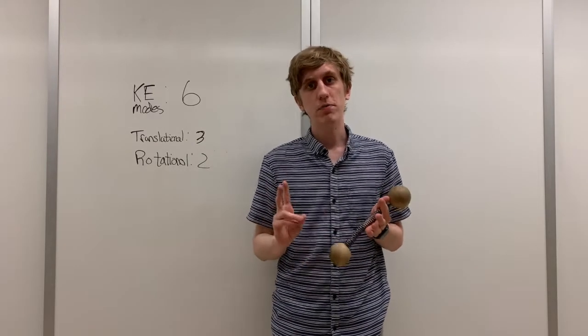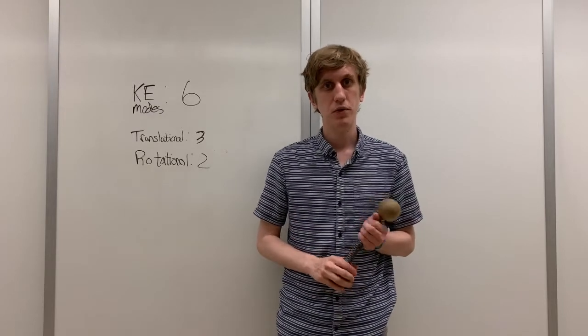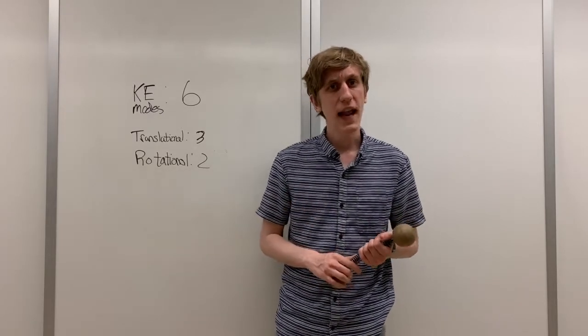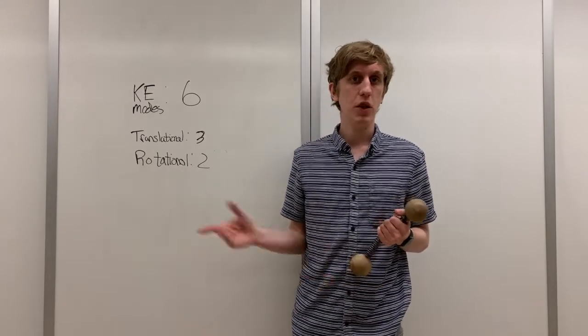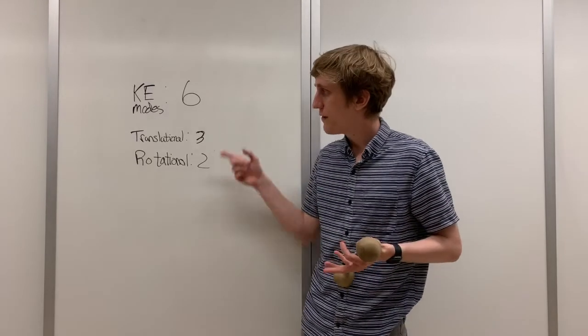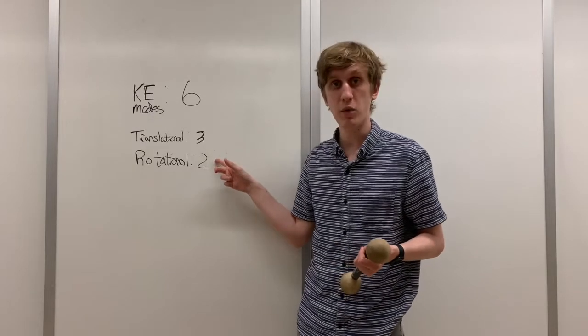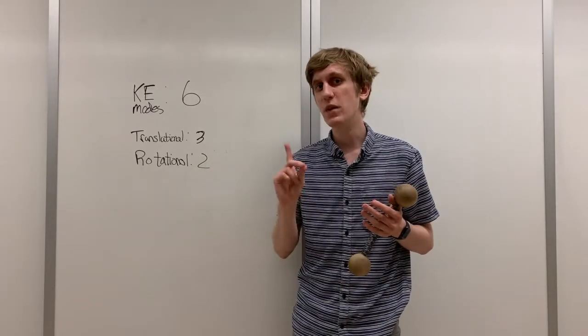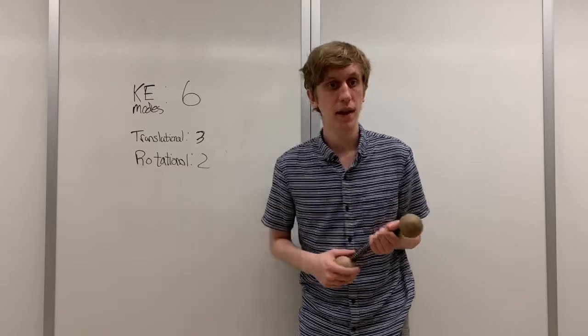Vibrational modes are split into 2 types: potential energy modes and kinetic energy modes. Let's start with the kinetic energy modes. How many vibrational kinetic energy modes do we need in this example? The answer is 1. We've already accounted for 5 of the kinetic energy modes by using translational and rotational modes. So we just need 1 vibrational kinetic energy mode in order to make up the difference.